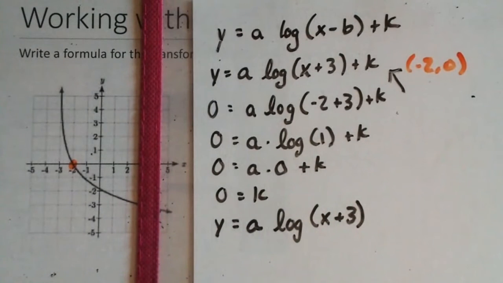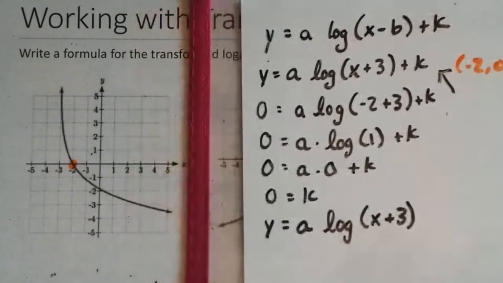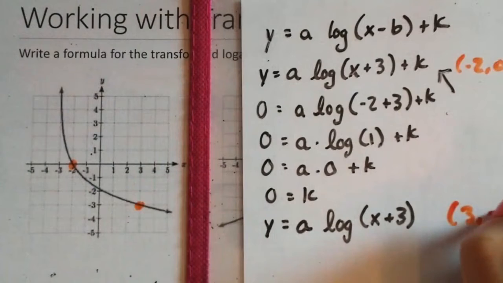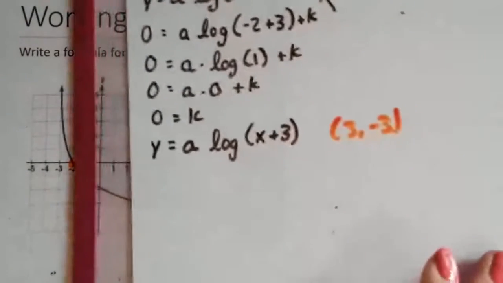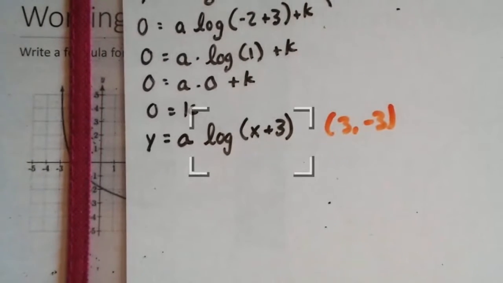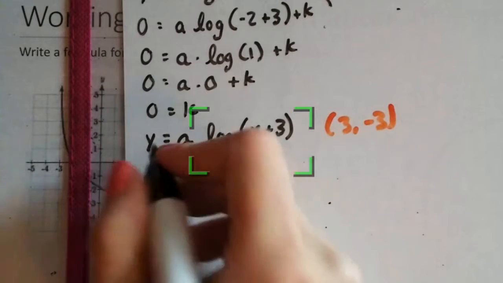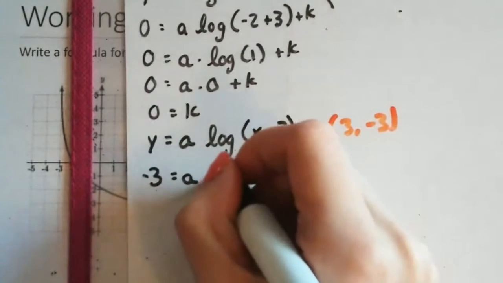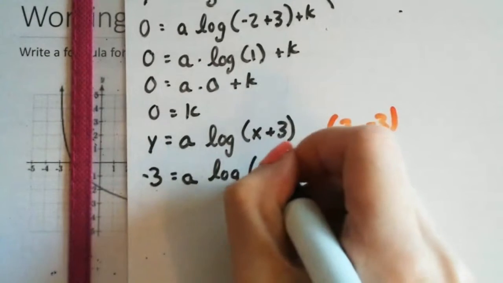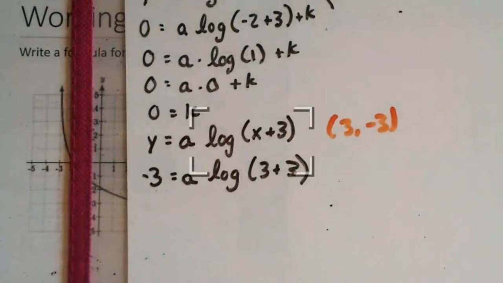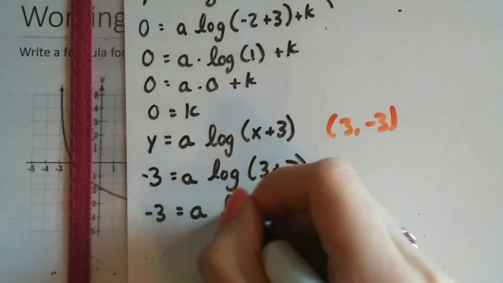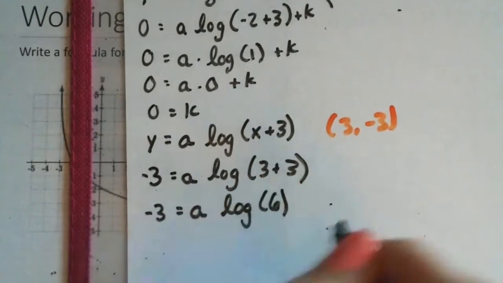Now I need another point on my graph. It looks like we pass through 3, -3. So let's plug that one in. We'll get -3 is equal to a times the log of 3 plus 3. Believe it or not, 3 plus 3 is 6. So we get -3 equals a times the log of 6.